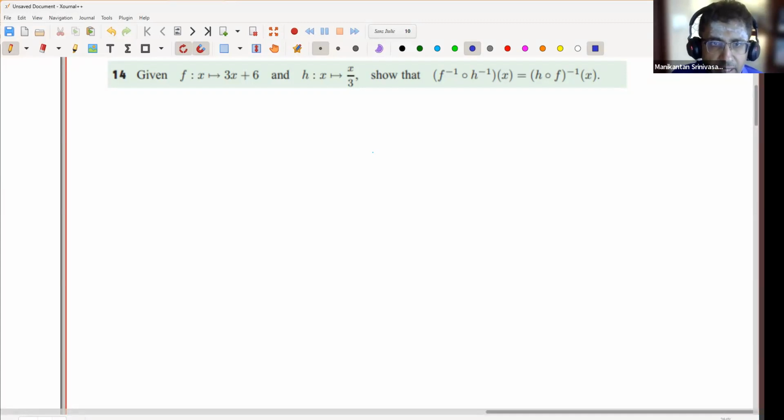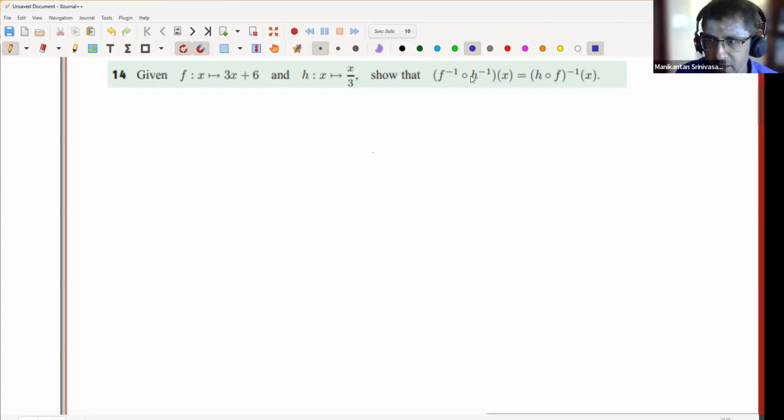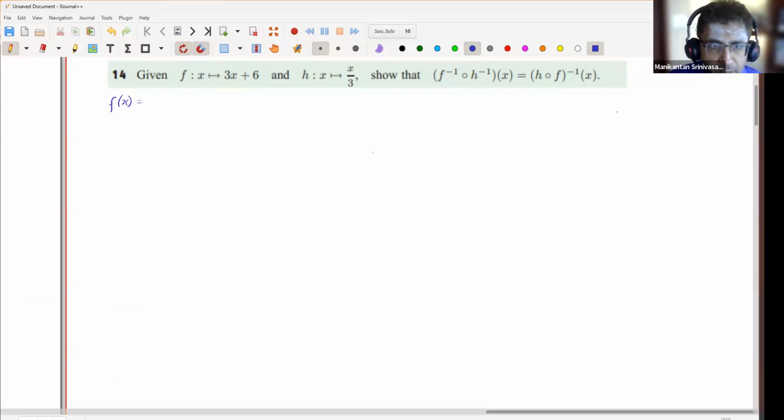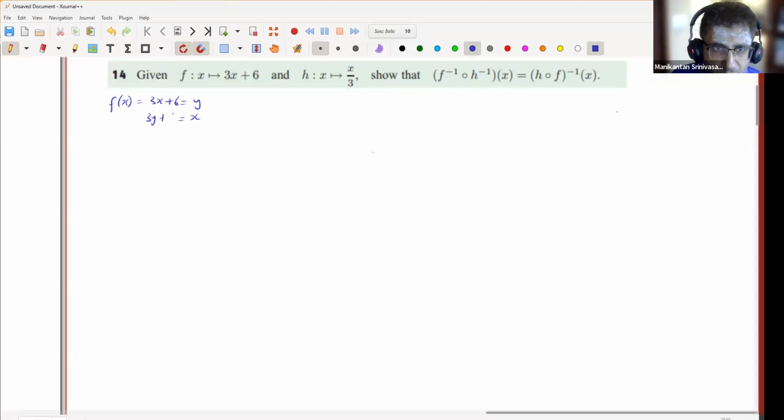Let's find each of those inverses. f of x is 3x plus 6, so this is my y. I'll write x equal to 3y plus 6 and solve for y in terms of x: x minus 6 upon 3. In other words, f inverse of x is x minus 6 upon 3.